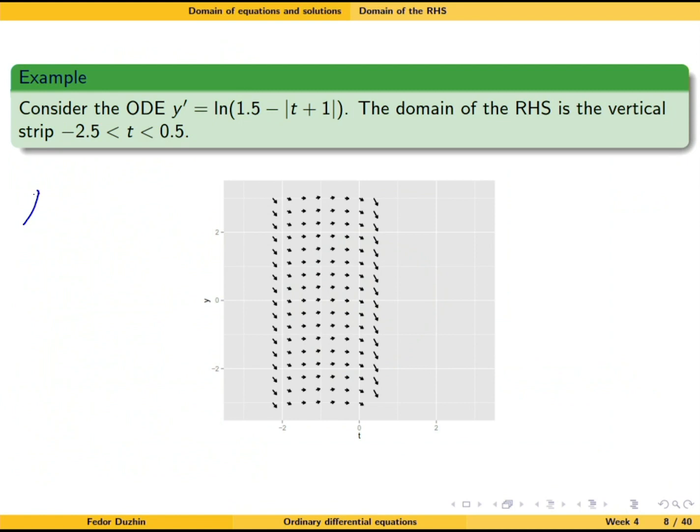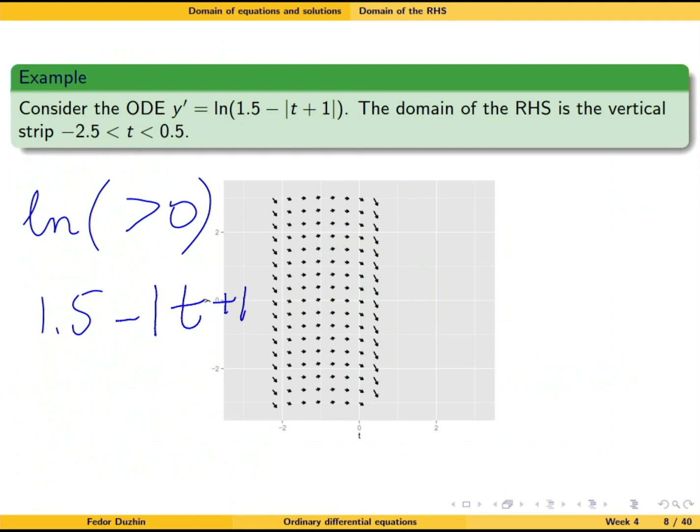Okay, here is another differential equation. Here the right-hand side contains ln, and in order for ln to be defined, the argument of ln has to be strictly positive. So here, 1.5 minus the absolute value of t plus 1 has to be positive.